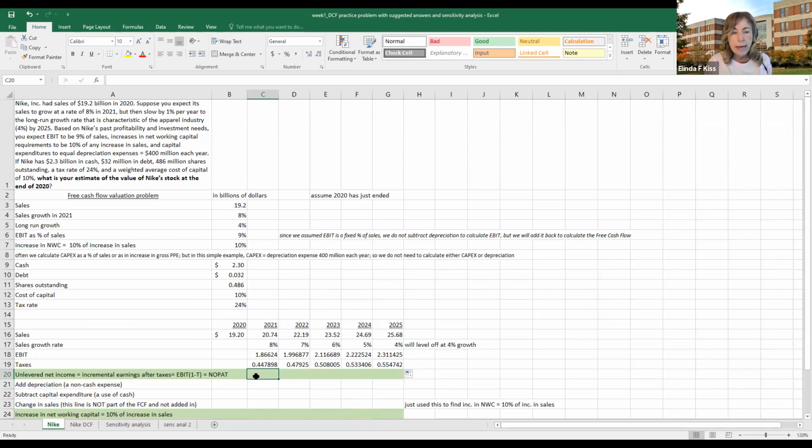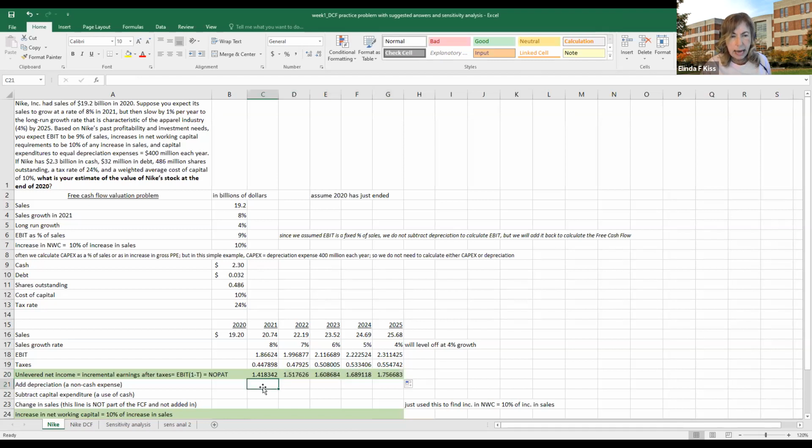Consequently, we are not subtracting the interest expense that goes to the debt holders. All right. So how do we get this unlevered net income? We take the EBIT and we subtract the taxes. And again, I will drag this across, same formula here.